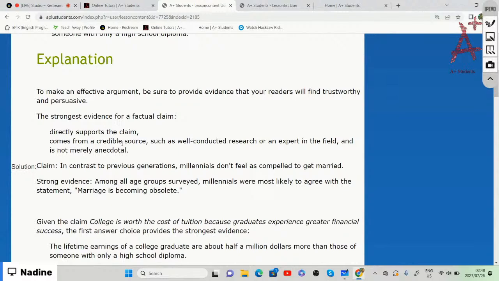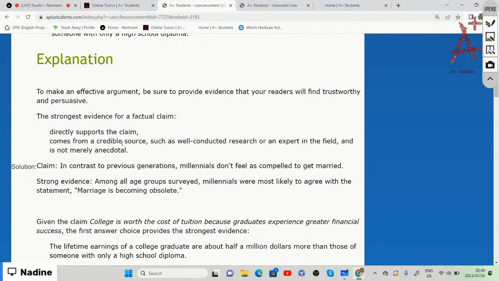Because it is trustworthy and it is persuasive. And the strongest evidence for a factual claim is to directly support the claim that they're making. It comes from credible sources. Remember that you cannot just give opinions. There needs to be credible sources, especially when we're doing formal writing, right? And then you need to say where you got your credible sources.